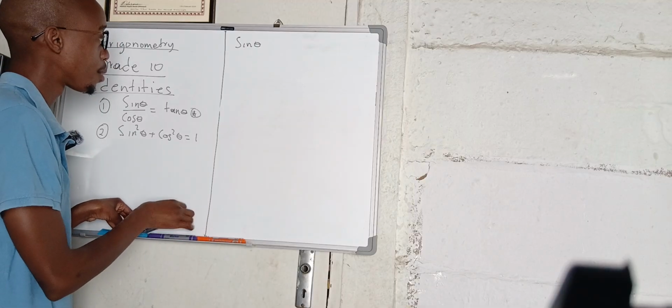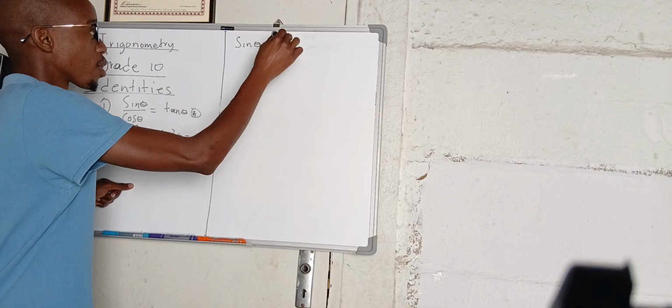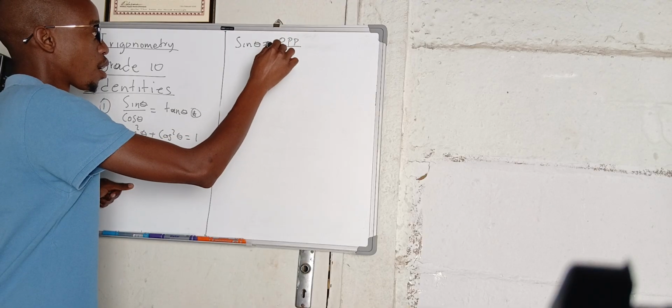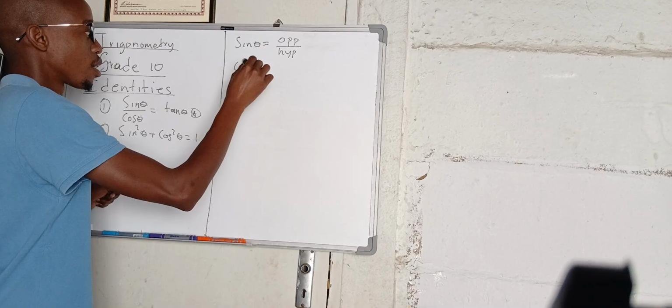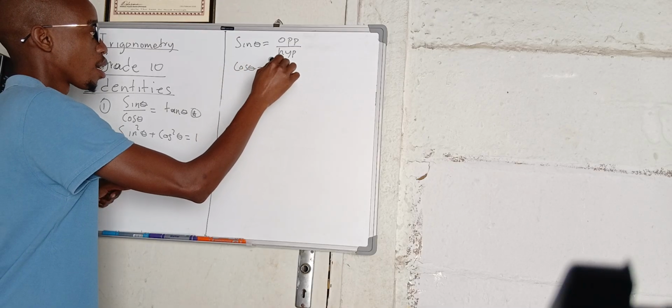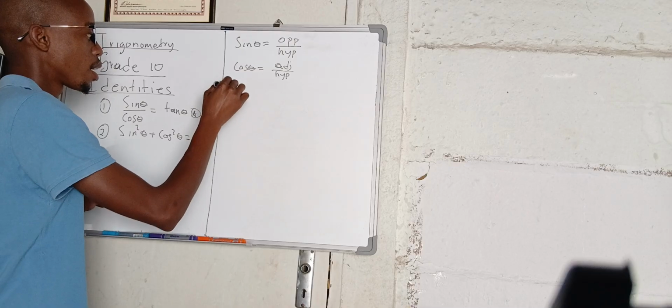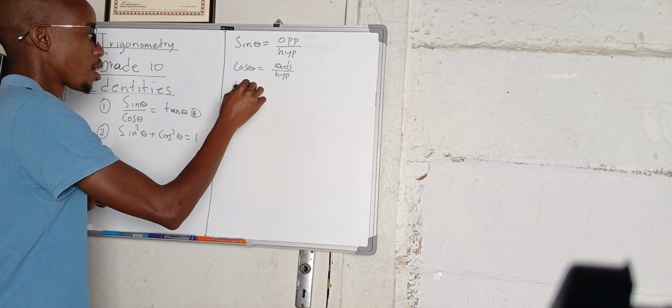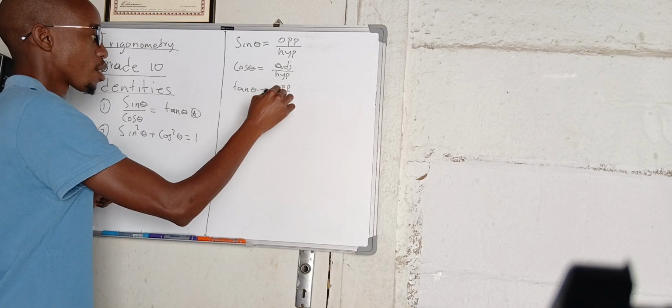So in trigonometry, we are saying sine of theta is equal to opposite over hypotenuse, and then cos of theta is adjacent all over hypotenuse, and then tangent theta is opposite over adjacent.